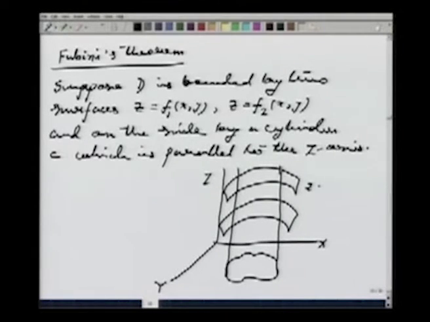This is z equal to f1(x,y). Of course, it may not be bounded, it might go on, but as far as my purpose is concerned, I am just looking at the intersection portion, and let us call this z equal to f2(x,y). So this is the picture. So my region of integration actually is the in-between portion.